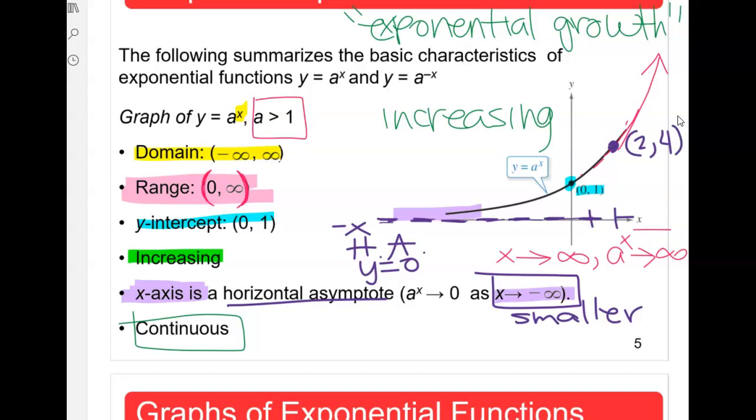And so if we reflect that point across, if we change the x to -2, then the point will be reflected across the y-axis. So it will become -2, 4. And then if we do that with all the points, we will have a function that will be decreasing. So if we do that with the exponent, make it negative, it will be a reflection of that. So that's the one we have on the next slide.